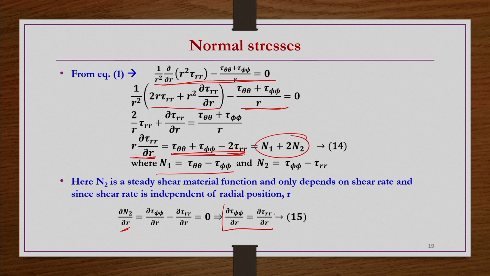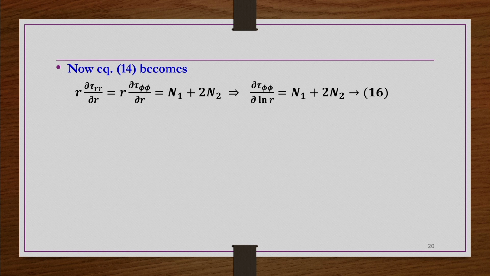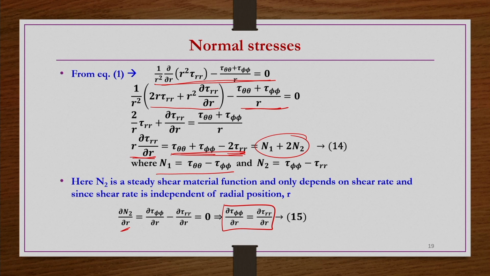That means we have dou tau phi by dou r equals dou tau r by dou r. So, now equation 14, this is what we have: r dou tau r by dou r. In place of r dou tau r by dou r, we can write r dou tau phi by dou r, and when we write that, we get equation 14 like this.